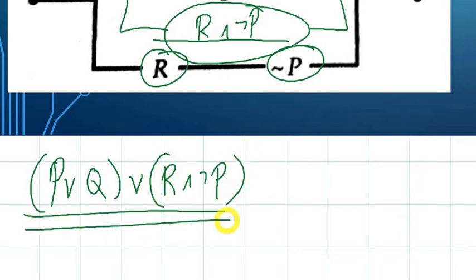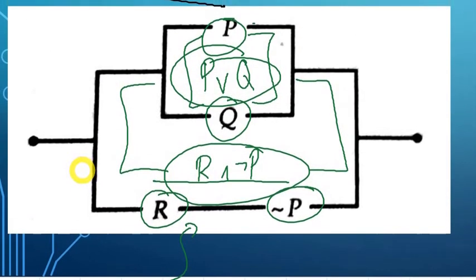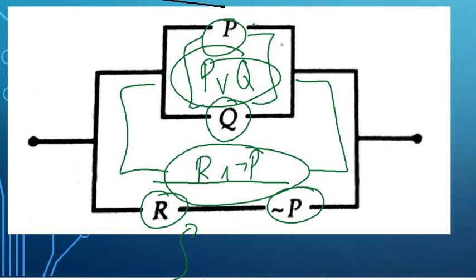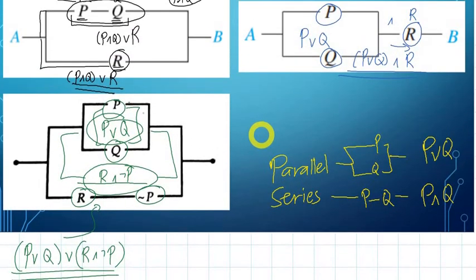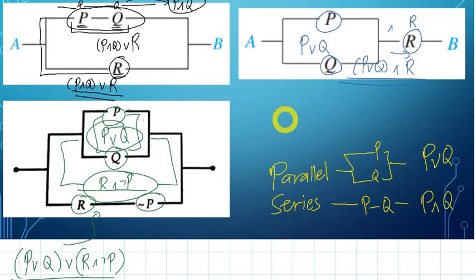So this is the statement that represents this network here up above. So we can see all representations. As you can see here, we can represent specific networks by propositions using our analogies of parallel and series networks.